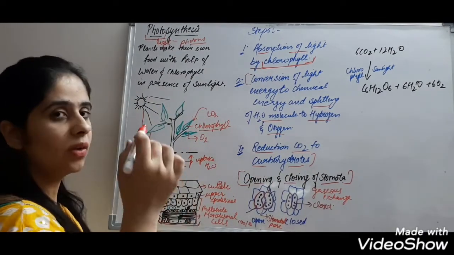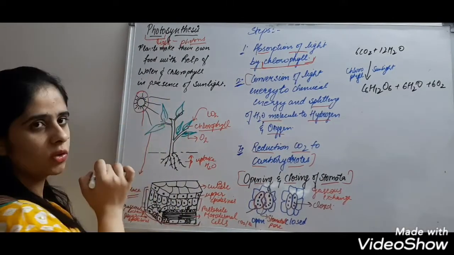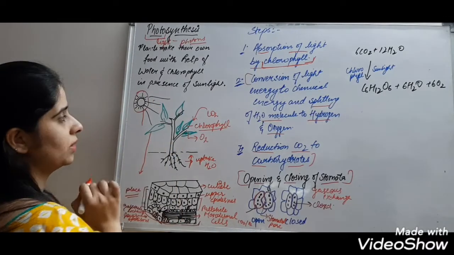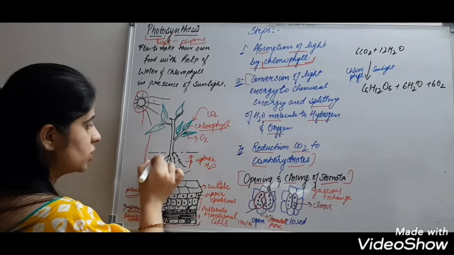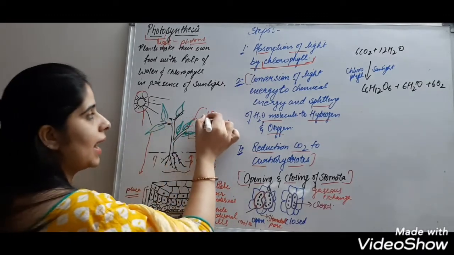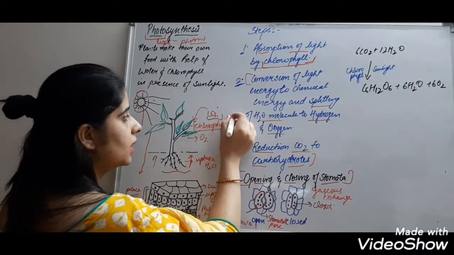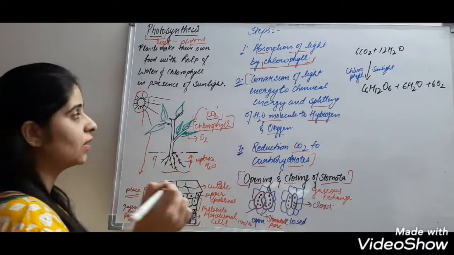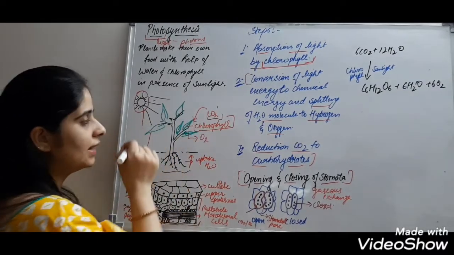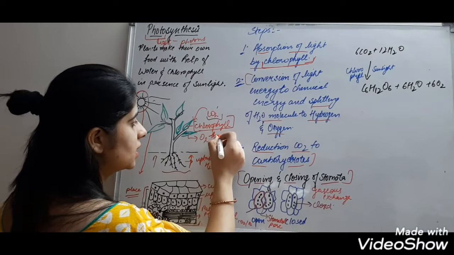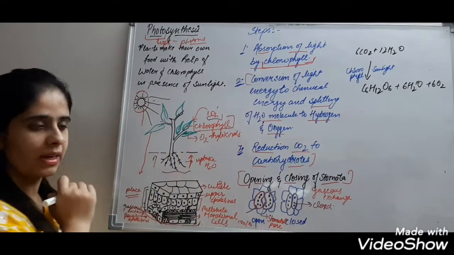So basically, we require sunlight for photosynthesis that comes from the sun, water from the roots, carbon dioxide from the atmosphere, and chlorophyll that is necessary for the absorption of sunlight, present in the leaves in the thylakoids where photosynthesis takes place.